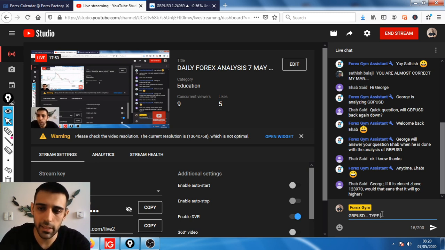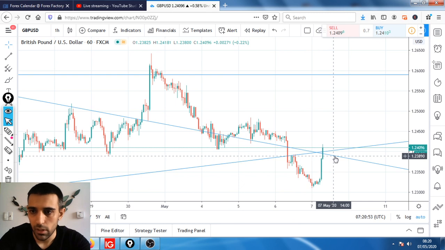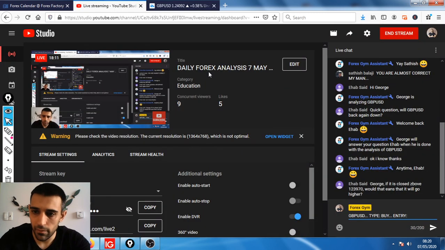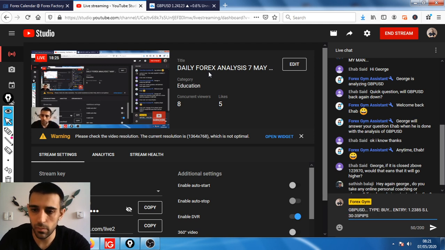The type will be a buy, and the entry, which one did I say the entry? Potentially 123.85, I believe it was, down to this level, 123.85. The stop loss will be 30 or 35 pips.